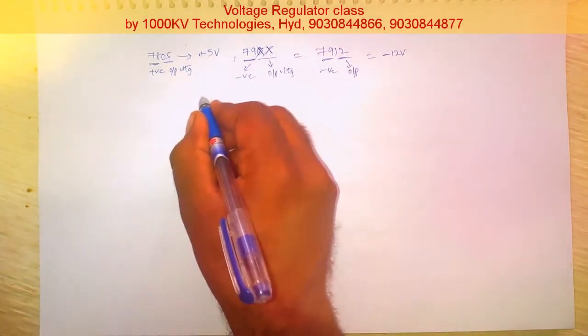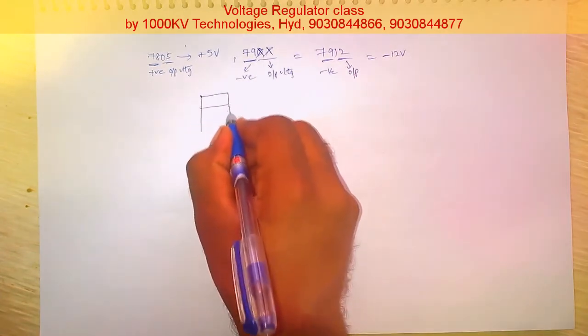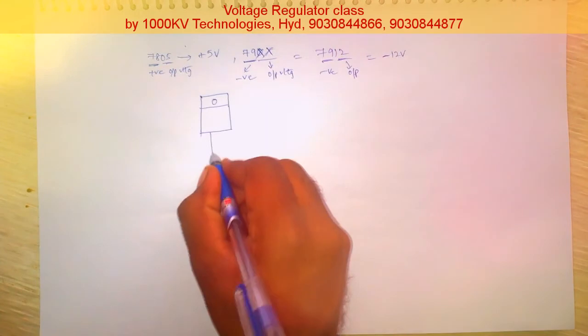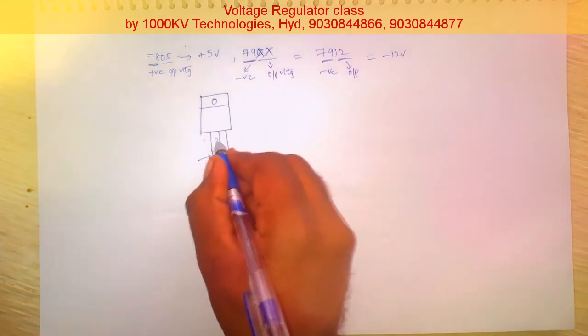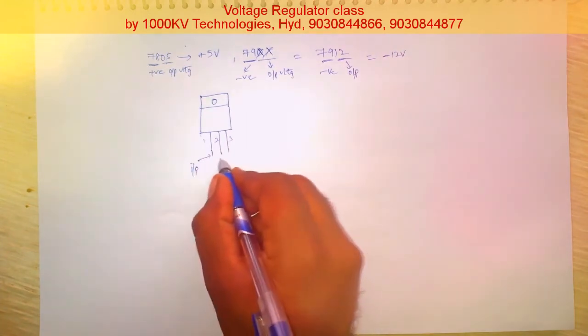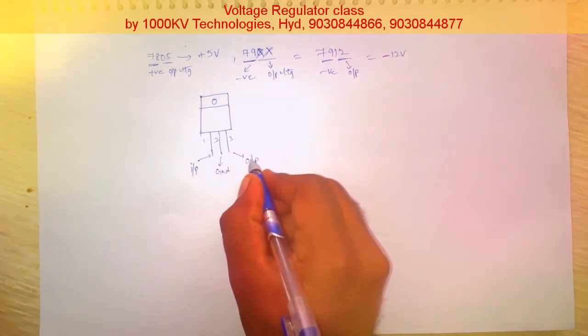And coming to the physical appearance, it looks like this. This is a TO package. In the TO package, the terminals are 1, 2, 3: the first one is the input terminal, the second one is ground, and the third one is the output terminal.